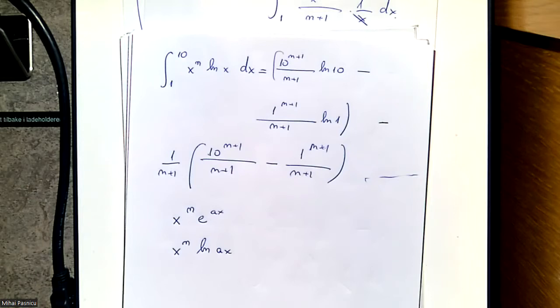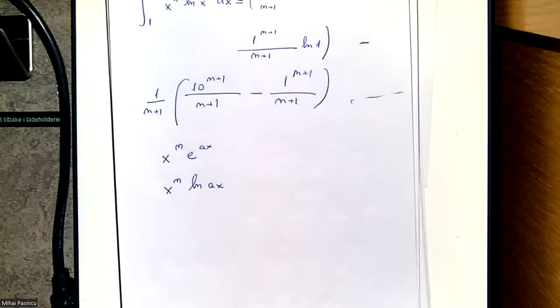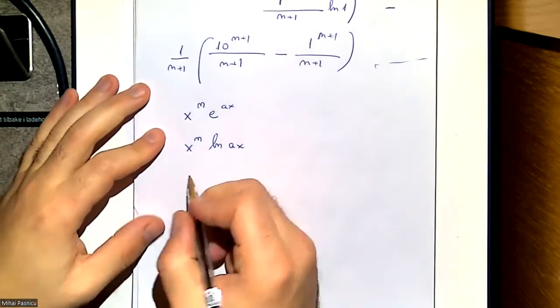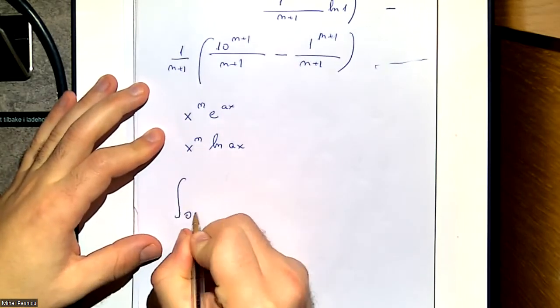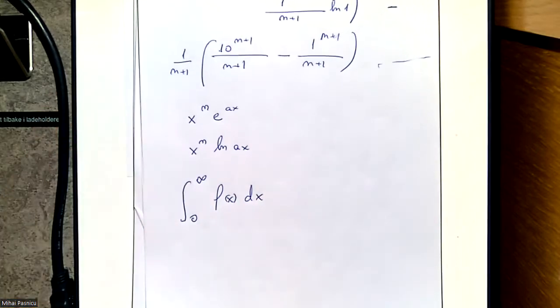Before that, how do we define, because maybe you're going to see it, maybe not, I don't remember, an integral from 0 to infinity of some f of x dx? How do you compute this, or what is this equal to? You don't need to panic about the integral part at all. You need to panic about the limit part. What do I mean by this?